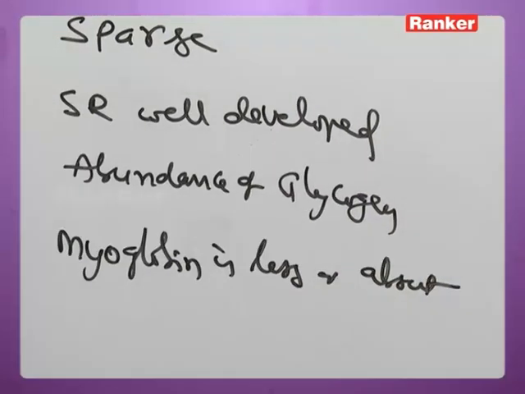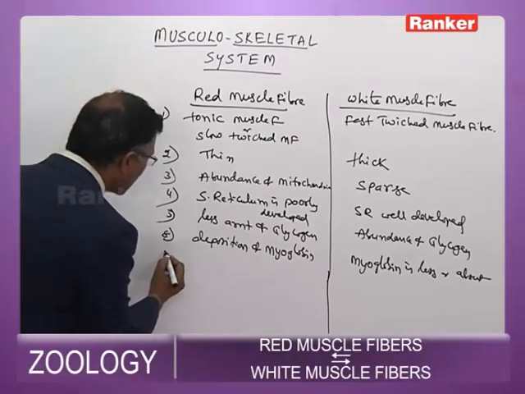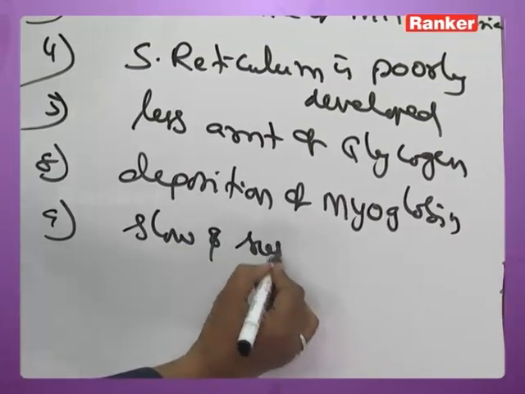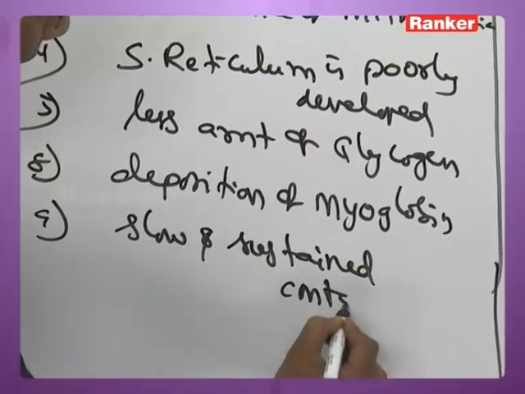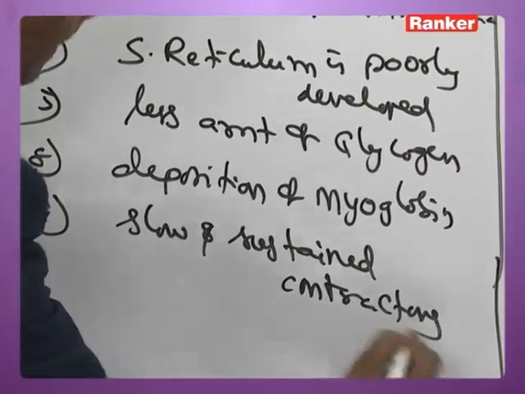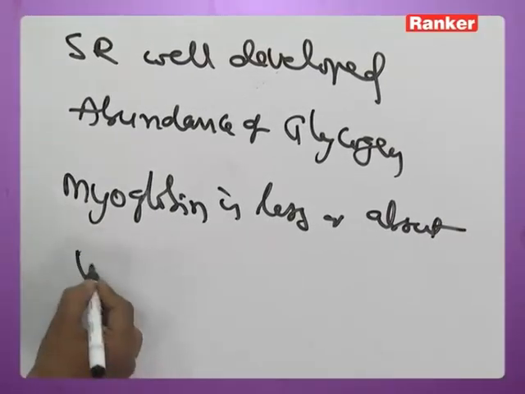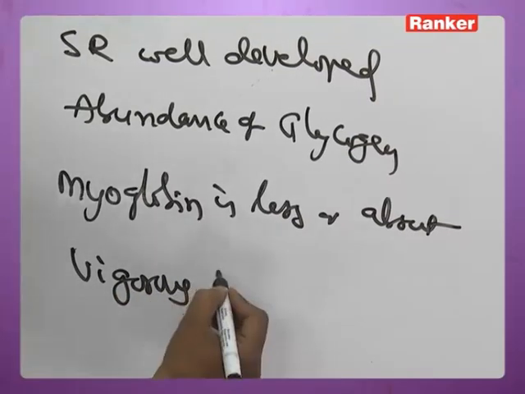That's why you call them white muscle fibers. Now these red muscle fibers undergo slow and sustained contractions, whereas the white muscle fibers undergo vigorous contractions.